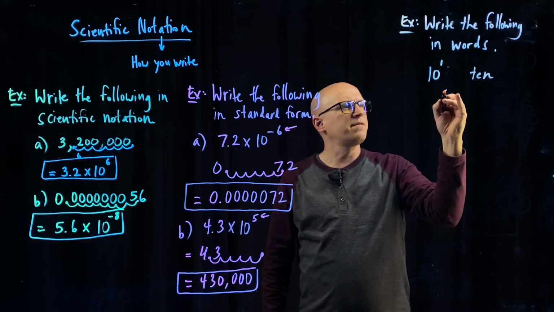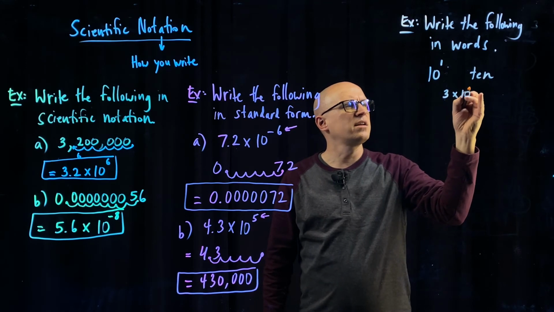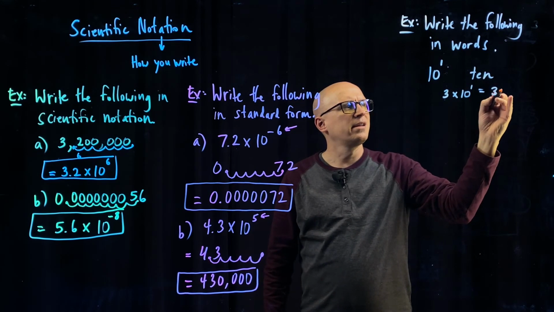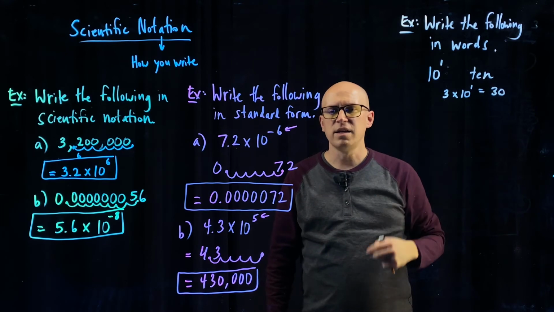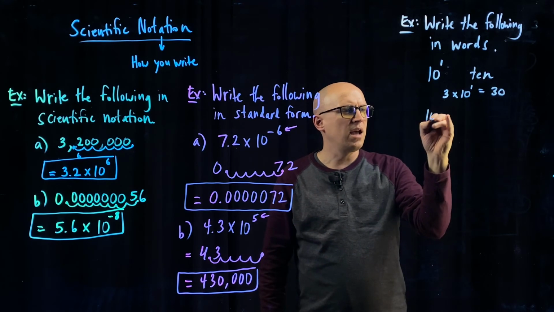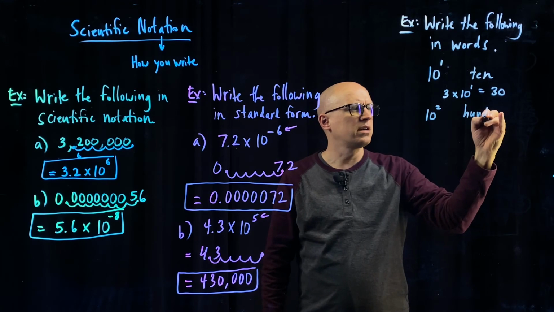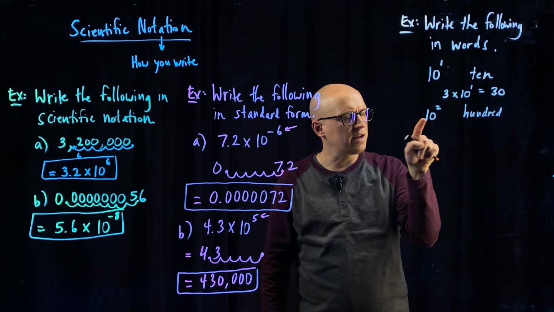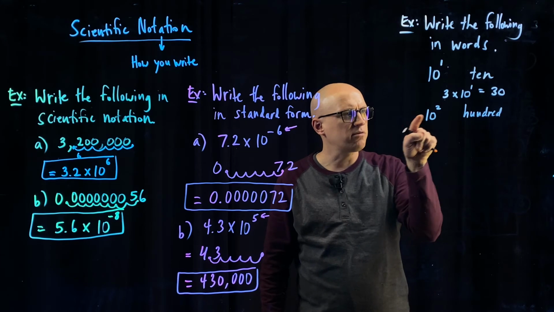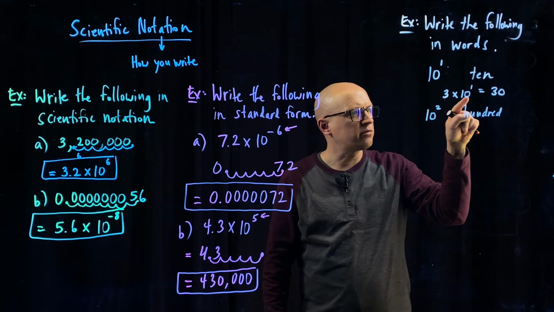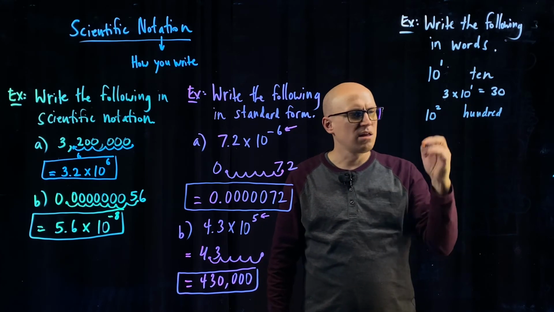So for example, if I said 3 times 10 to the 1st power, really, that's just like saying 30 in a different way. And when I say 10 squared, we're really talking about 100. So if I had 3 times 10 to the 2nd, it would be 300.